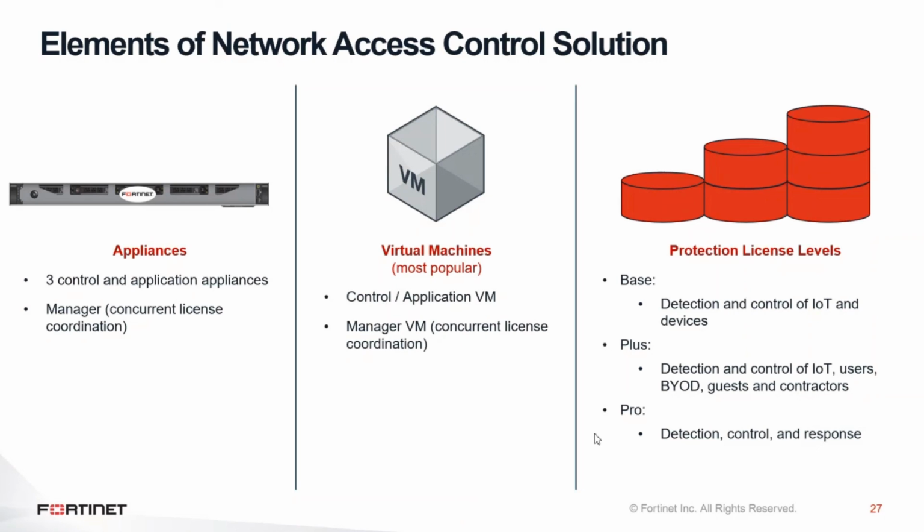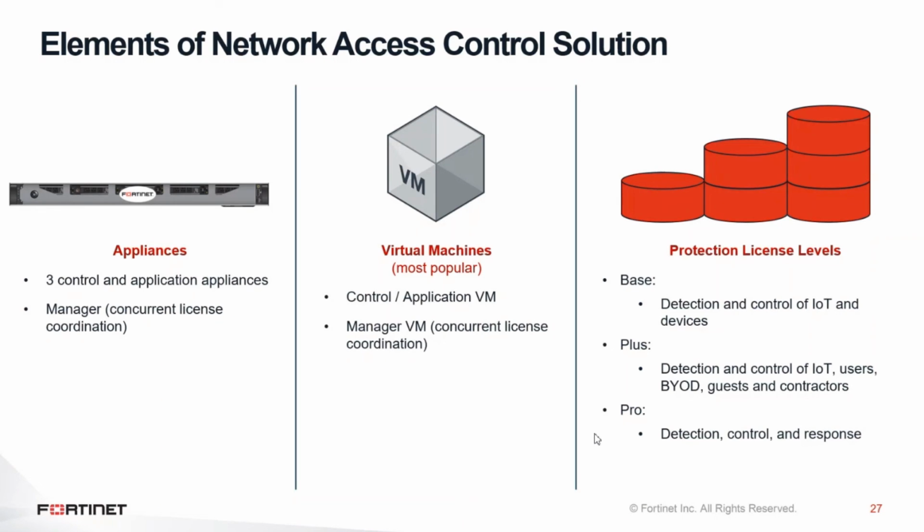The three capabilities can be achieved in both form factors. We have three levels of licensing that you can get when you get a FortiNAC device: the base license, the plus license, and the pro license.